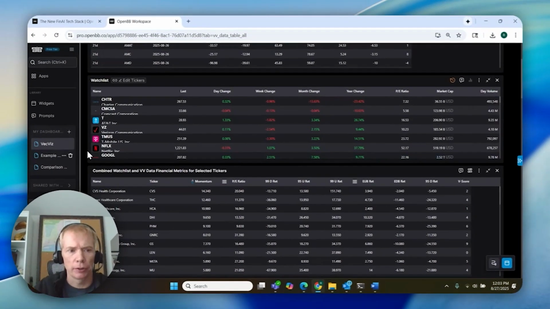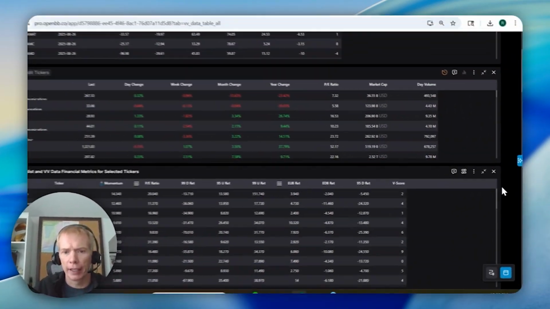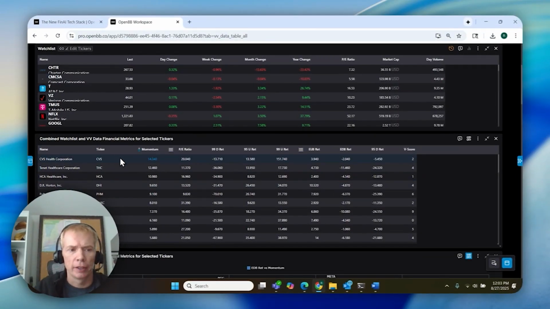And so let's just make our screen big. And so here we have the tickers from the watch list with the VecViz data, these price probability percentiles, the P-score, alongside the P ratio from OpenBB's widget and this momentum indicator that we created from these price change percentiles in the OpenBB widget.